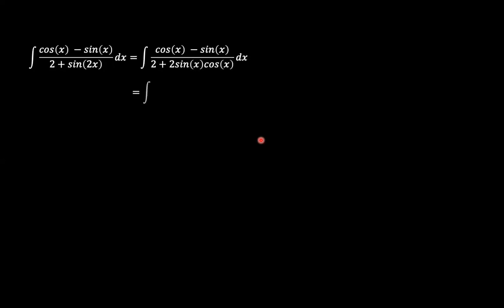And so we can plug those substitutions into our original integration. So cosine x minus sine x dx would be du, and then the denominator would have 2 plus 2 sine x cosine x. Well, let's just simplify this.